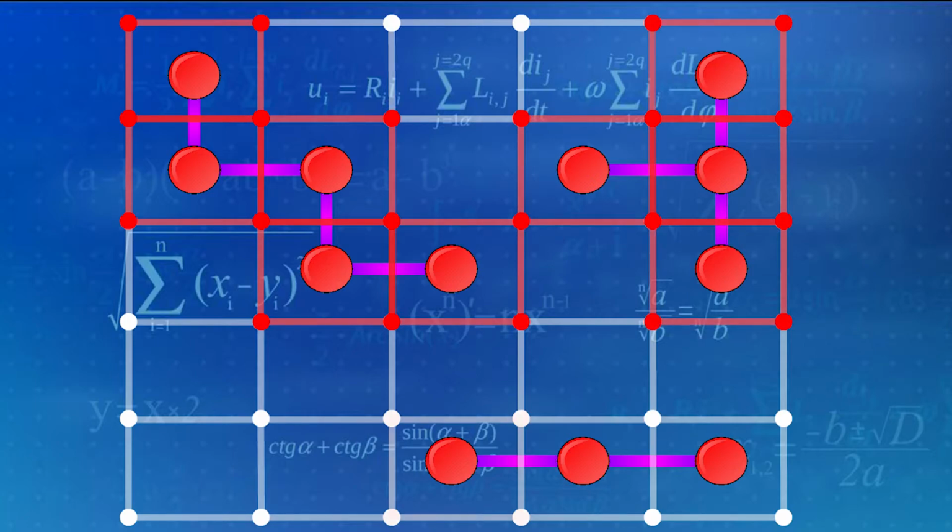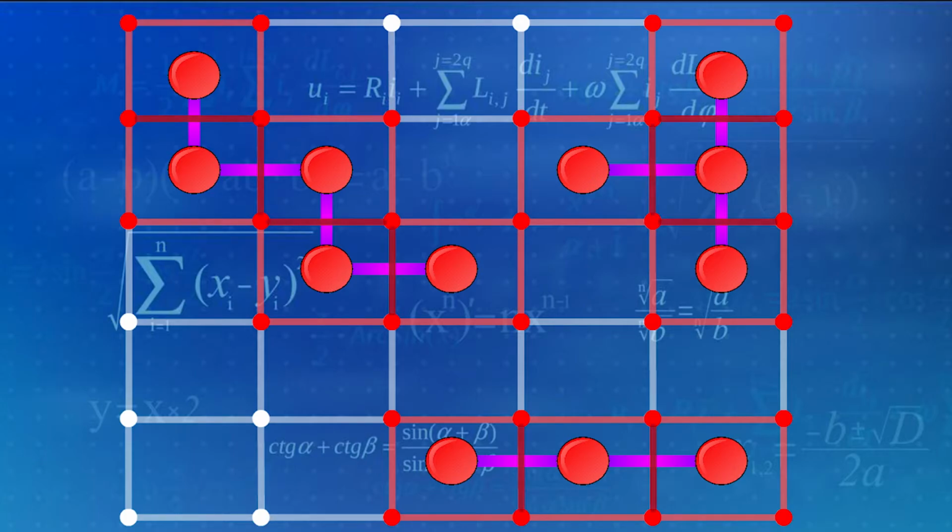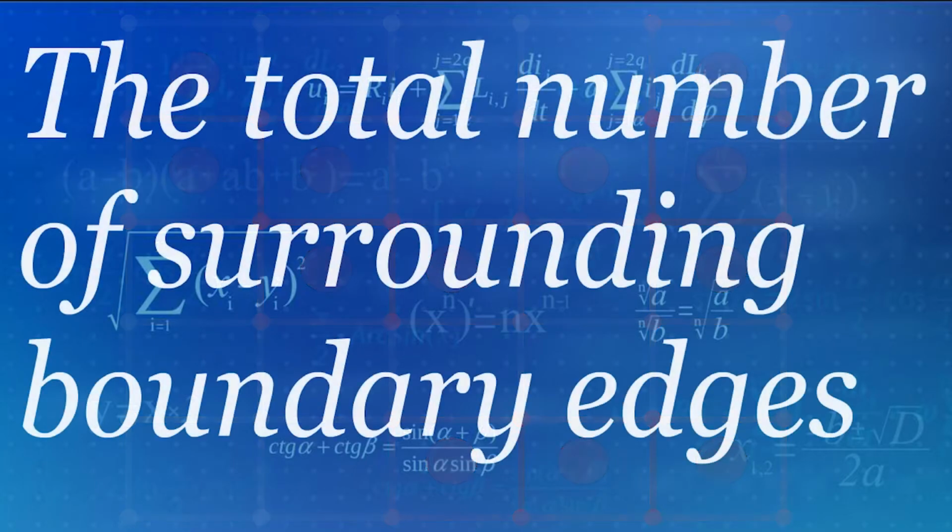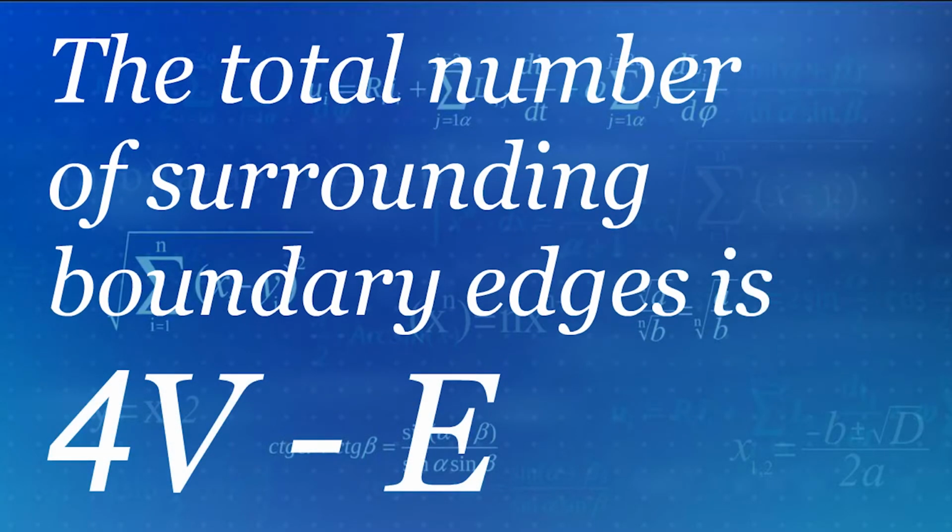Hence, each vertex adds 4 boundary edges. Observe that in this counting, each boundary edge, which corresponds to an edge in our graph, is counted twice. Hence, the total number of boundary edges, which surround our vertices, is exactly 4v minus c.